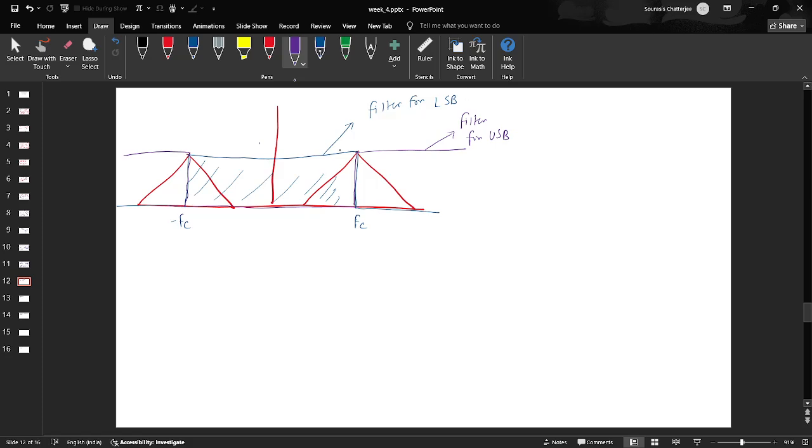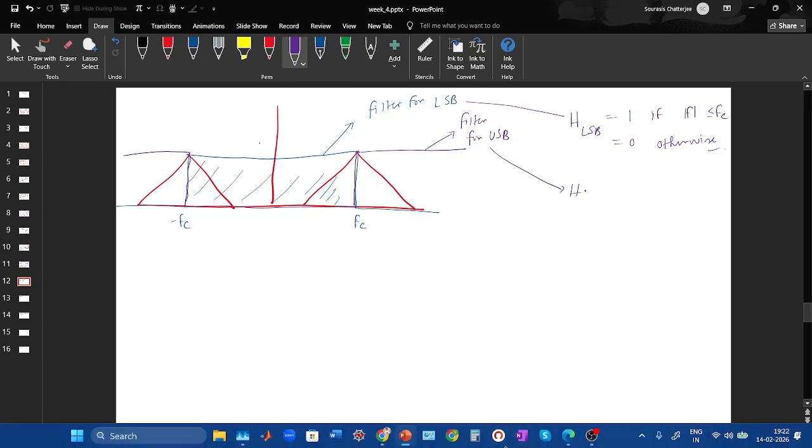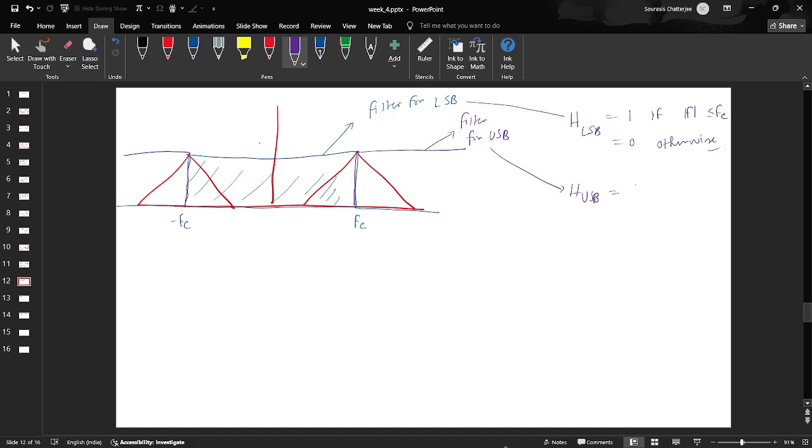If I talk about this LSB filter, you can write the expression H LSB as 1 if absolute frequency is less than or equal to FC and 0 otherwise. Similarly, the filter for USB, I can write H USB as 1 if frequency is greater than FC and 0 otherwise.